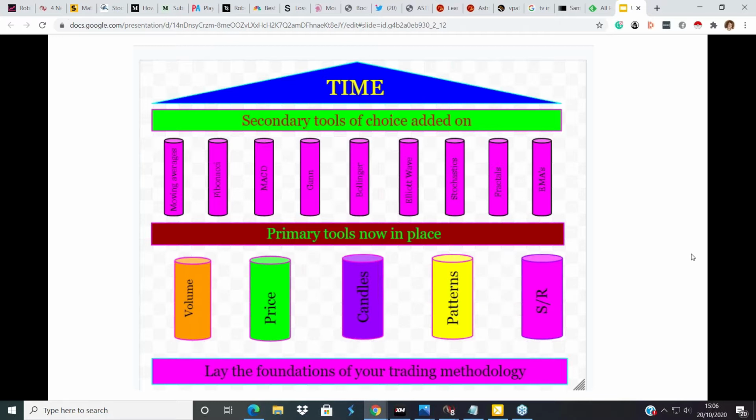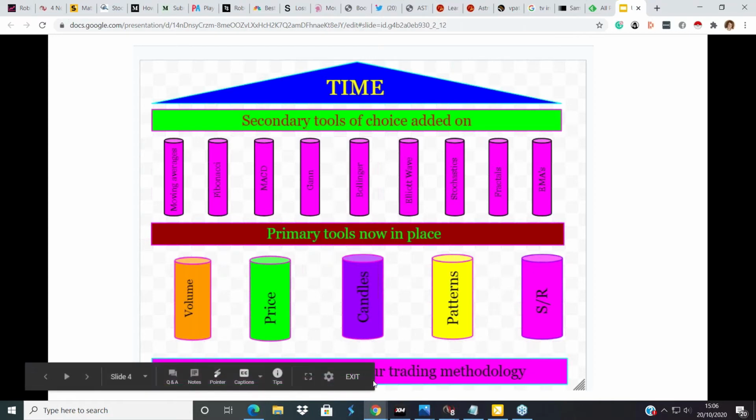When we were trying to explain this to traders and investors, what's the easiest way to present it in a graphic form? We had it in the form of a house, because VPA is your foundational methodology.